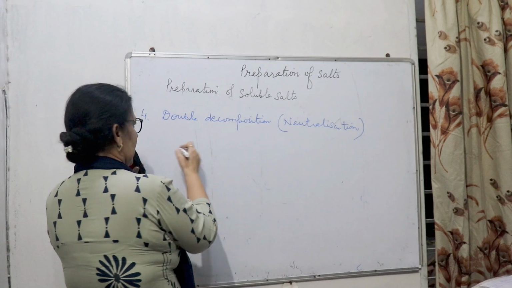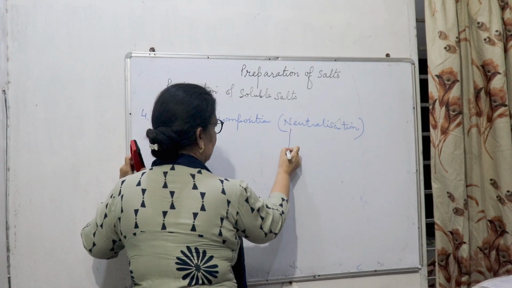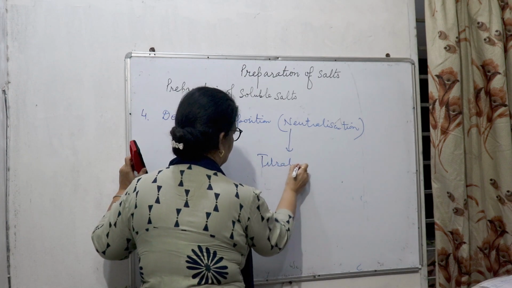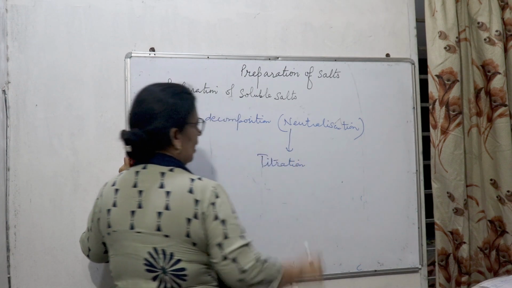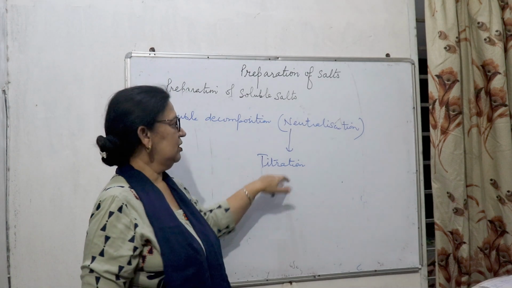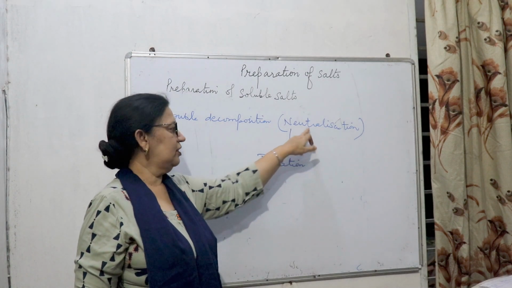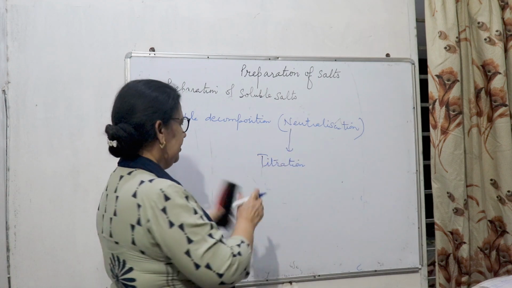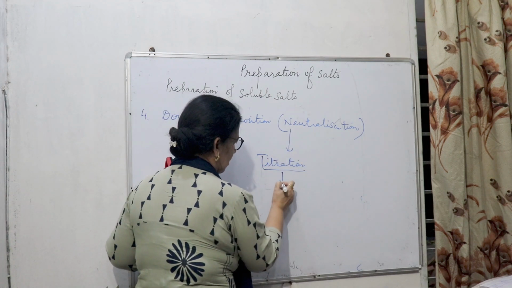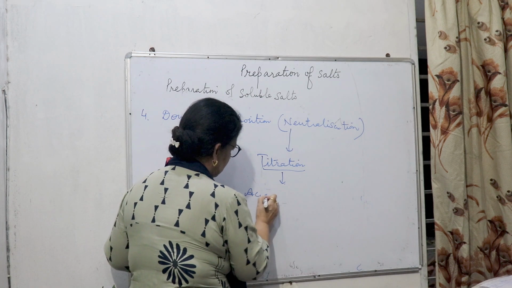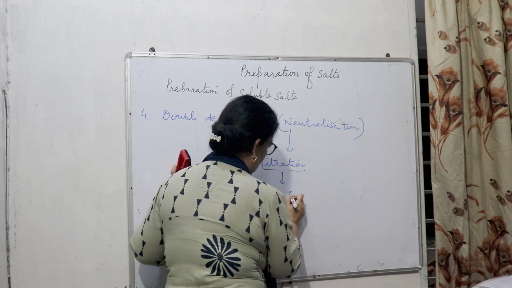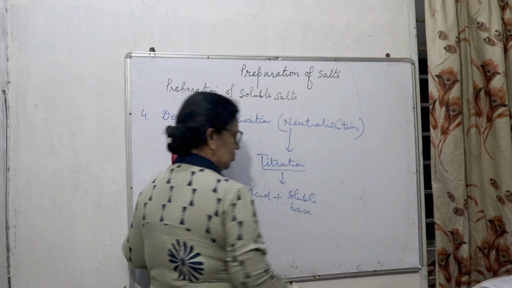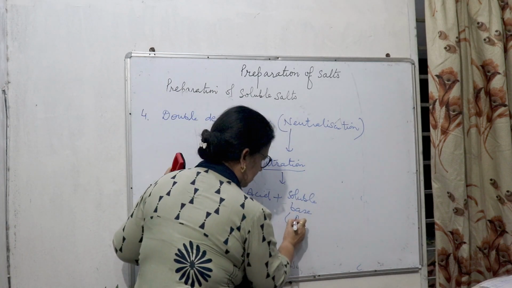So here I'll add the word titration. What is titration? This is like neutralization. This is a part of neutralization, but titration is used when the acid reacts with the soluble base, that is alkali.